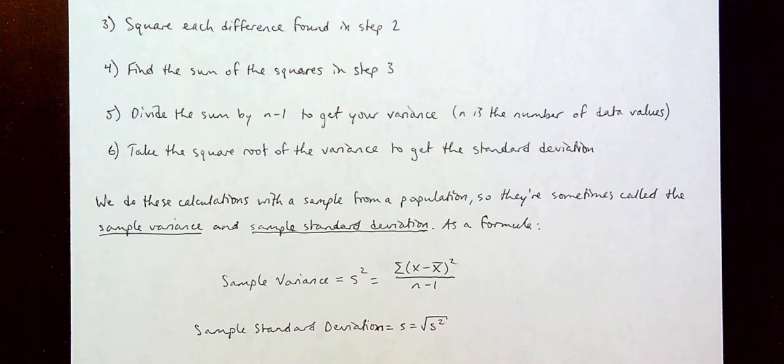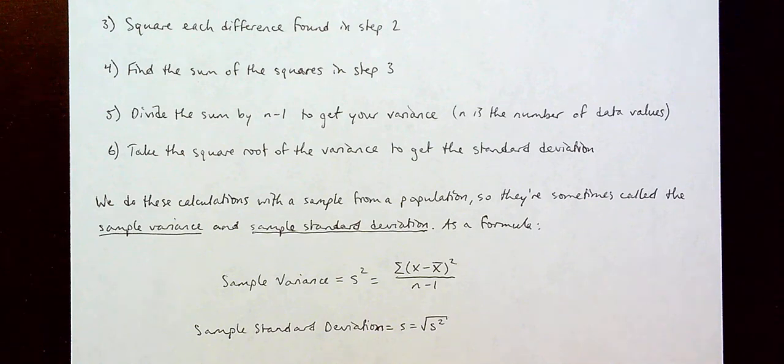Now, typically when we do these calculations, at least for our purposes, we're going to do this with a sample from a population. If we're doing these calculations with a data set that's a sample from a population, you'll sometimes see them called the sample variance and the sample standard deviation.